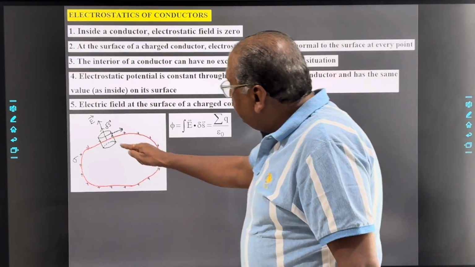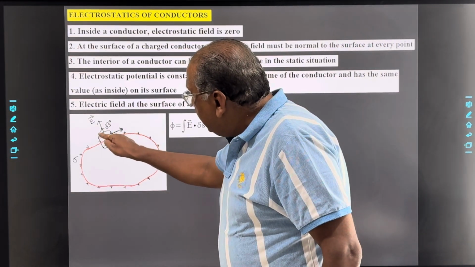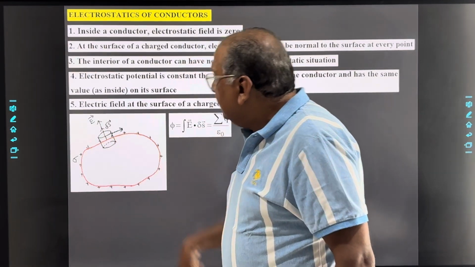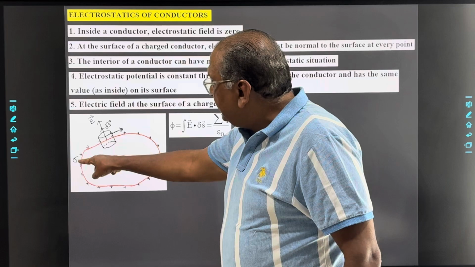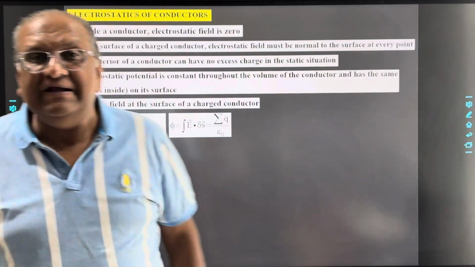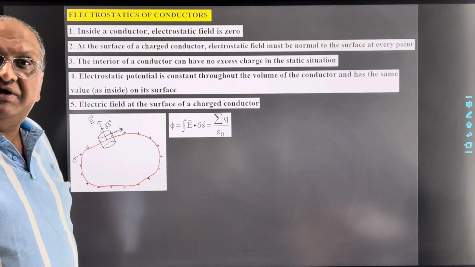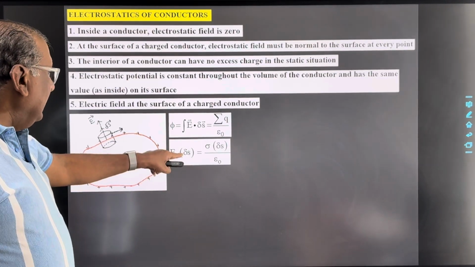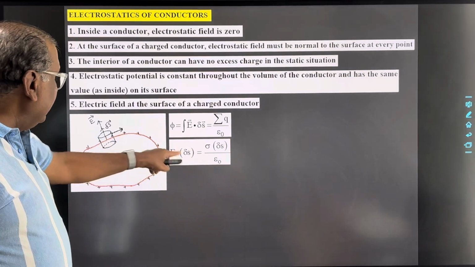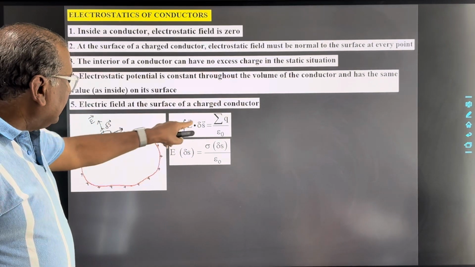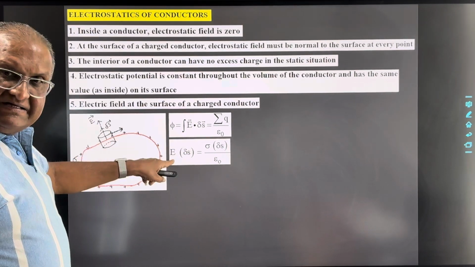So the net charge enclosed by this surface area at the surface is sigma into delta S, because sigma, the surface charge density, is charge per unit area. Now E and delta S are both in the same direction, so E dot delta S is E delta S cos theta.